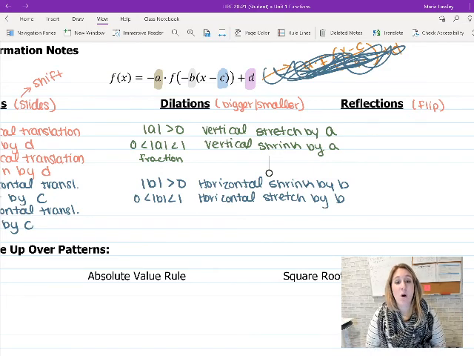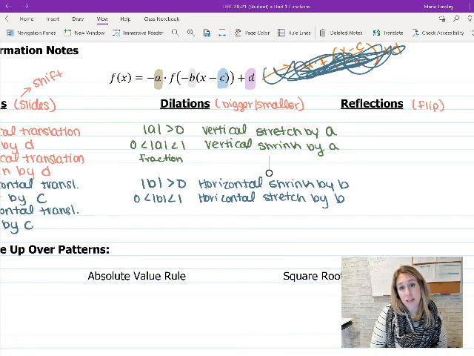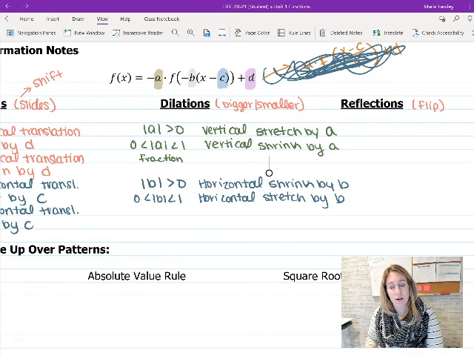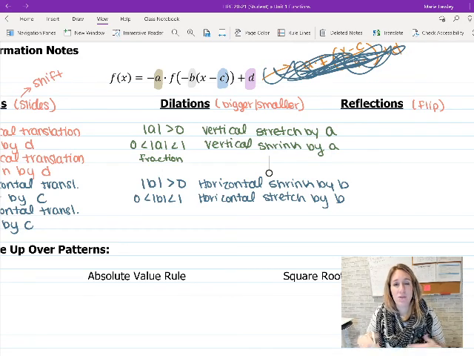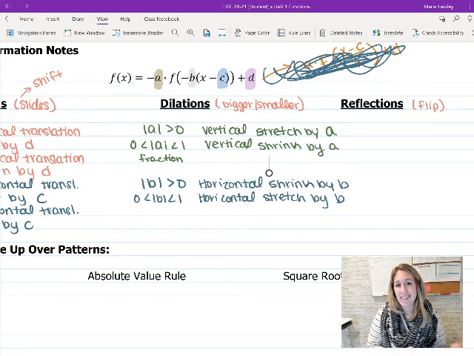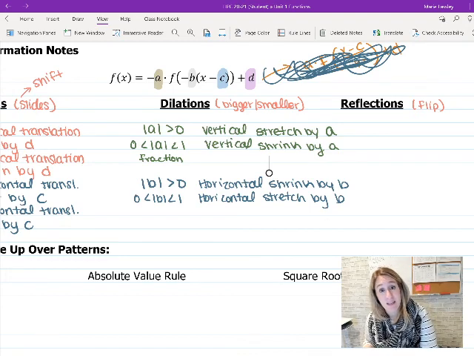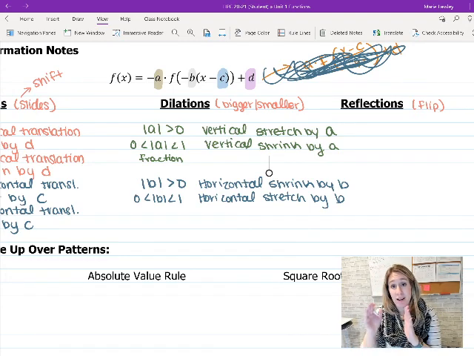The only time a vertical dilation can be replaced or exchanged with a horizontal dilation is in an absolute value graph. Think about a quadratic. If you're dilating by 4 on the outside, that's not the same as dilating by 4 inside the parentheses, because that 4, when you put it inside with your x, is getting squared.